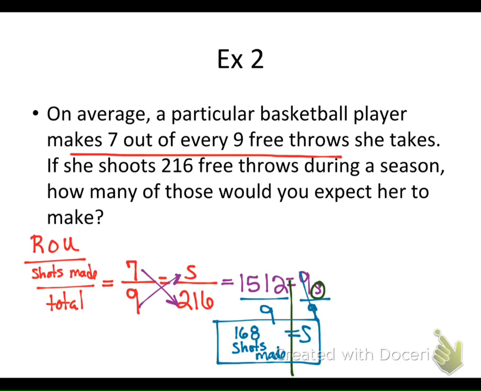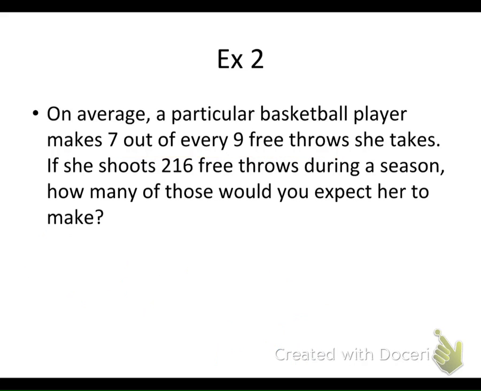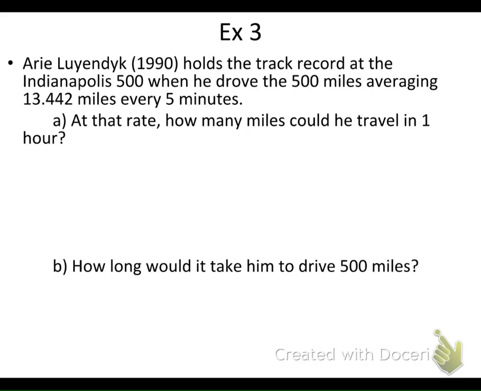Okay. Let's look at example number 3. So example number 3, if you notice, we're going to have 2 parts to it. Does anybody want to attempt to say this last name? Any of you guys watch the Indy 500, like race car racing? Yeah. Okay.